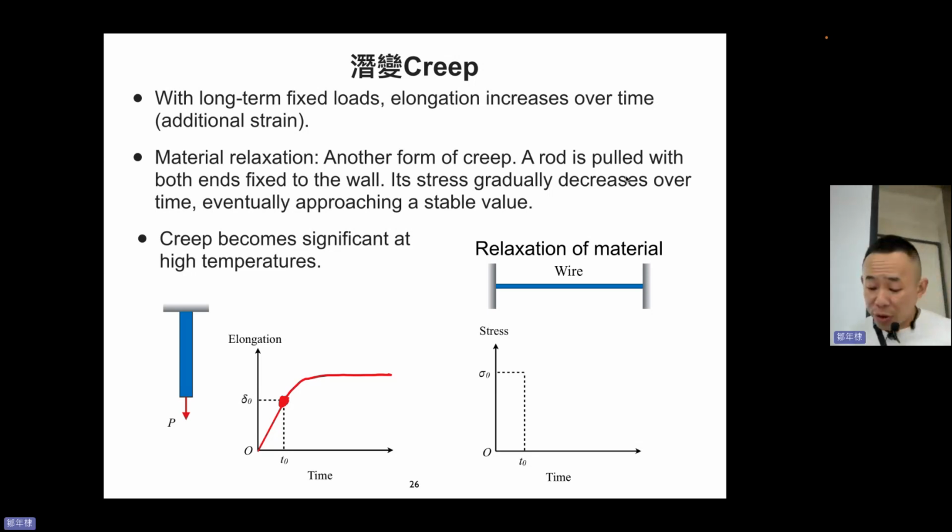The other form of creep is material relaxation. For example, you typically use a bar or wire to hang your wet clothes to dry. You have a wire fixed between the walls, and you fix it under tension.